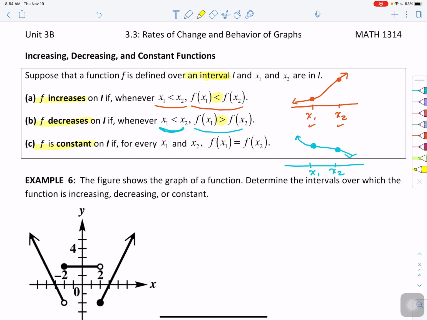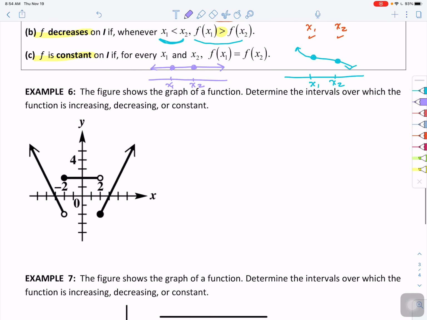And let's look at this last case, constant. So if you have a constant function like that, and you have x1 and you have x2, they're just saying that the y values are the same. So that's how you know you have a constant function.